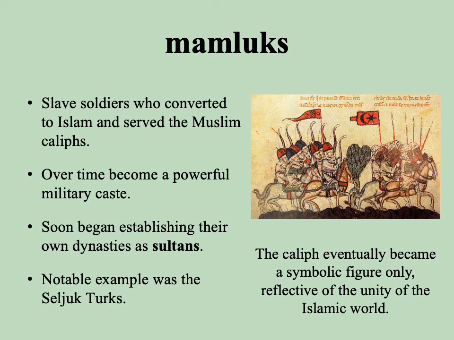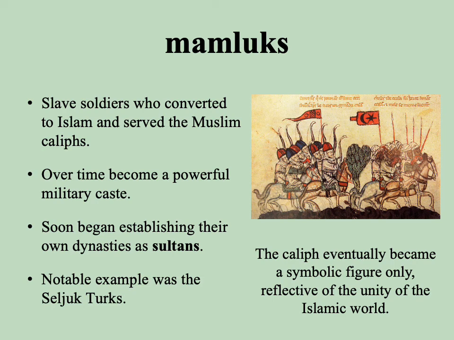And eventually, some of them will assert their own independence, either as military commanders who've conquered new territory, supposedly on behalf of the caliph, but then asserting their own political authority in those territories, or later on as the Abbasid Caliphate begins to fragment, you might have these Mamluk governors who are in charge of regions who just pretty much break away and establish their own kingdoms.